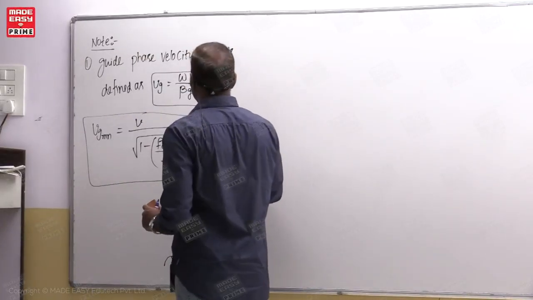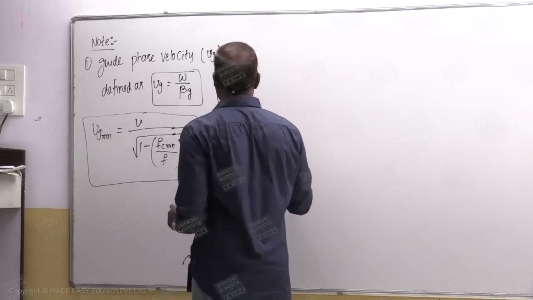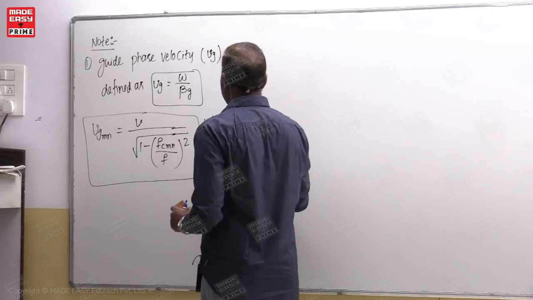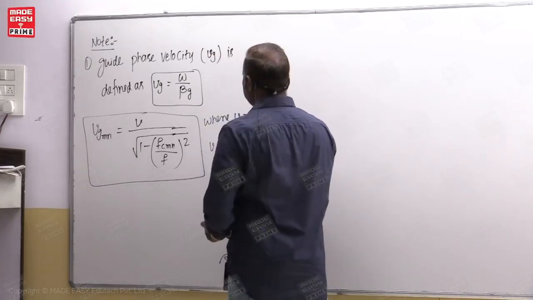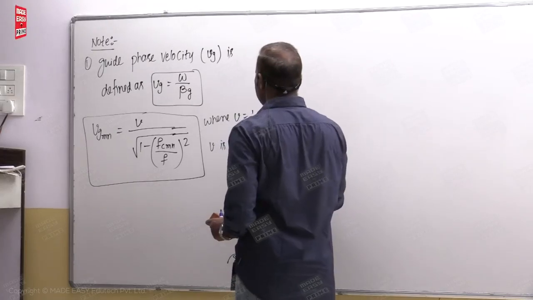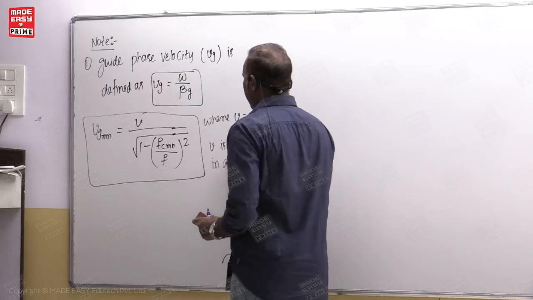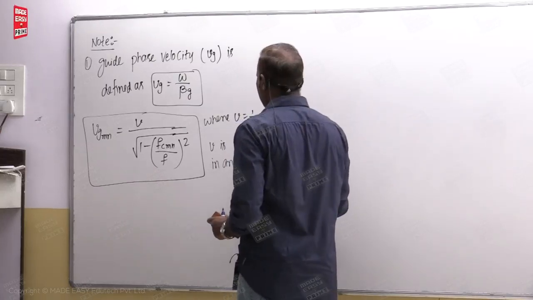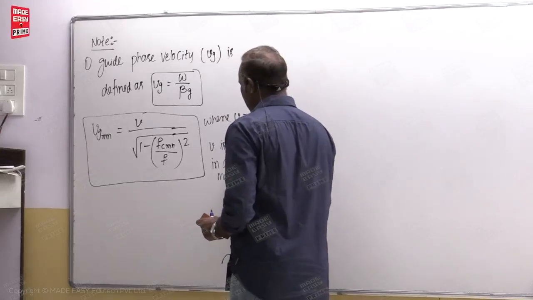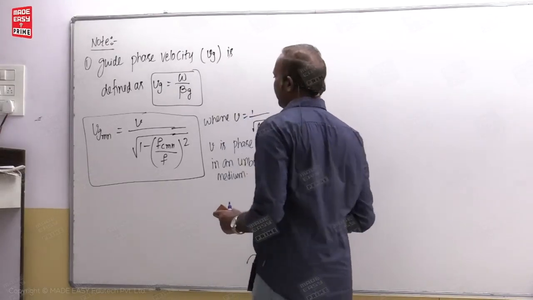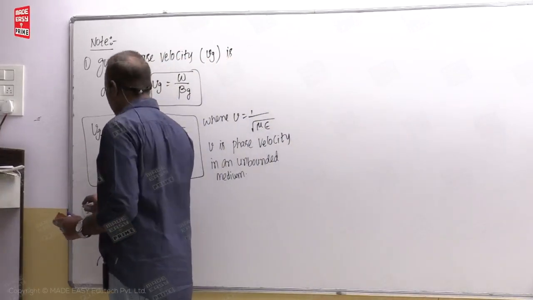So where V is equal to 1 by root mu epsilon, and V is the velocity, otherwise phase velocity, in an unbounded medium. Okay.